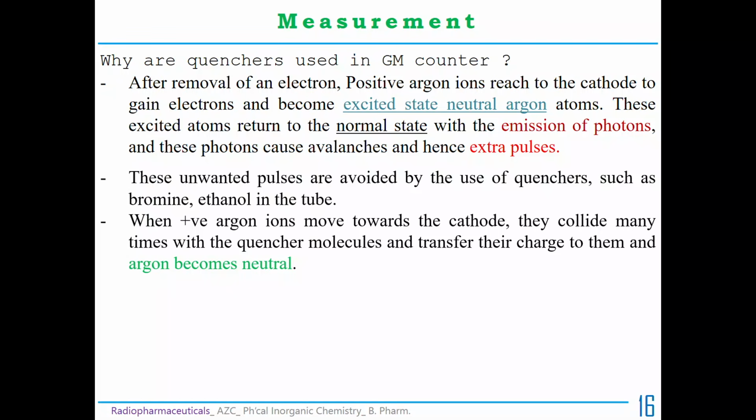These unwanted pulses are avoided by the use of quenchers, such as bromine or ethanol, in the tube. When positive argon ions move towards the cathode, they collide many times with the quencher molecules and transfer their charge to them, and argon becomes neutral.